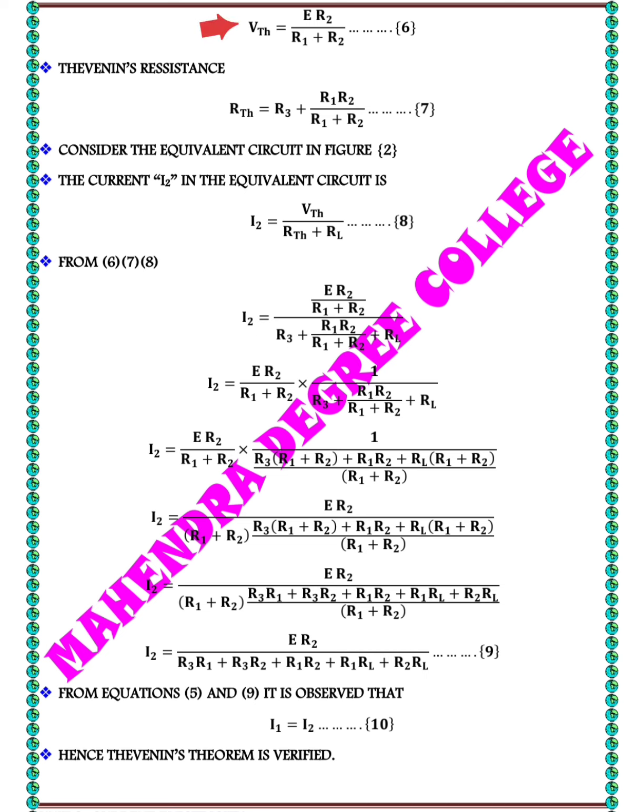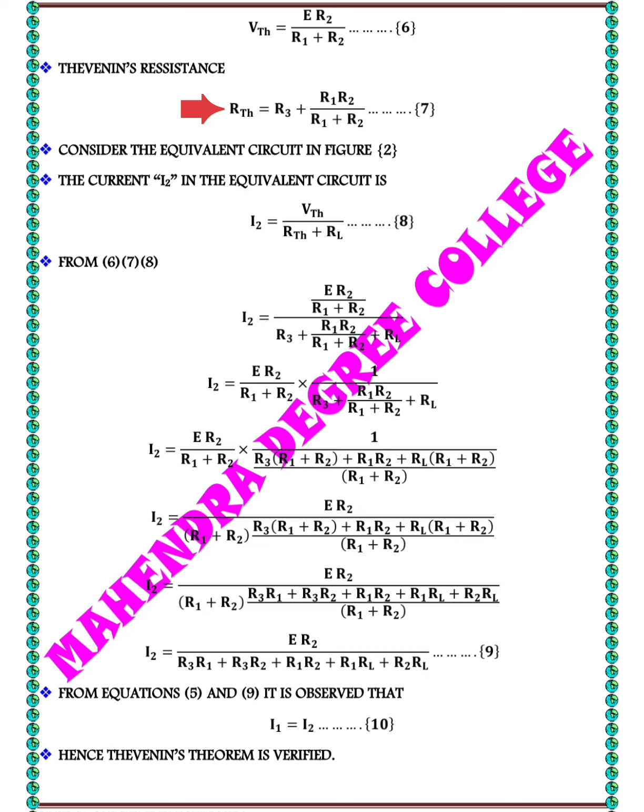We know equations 3 and 4. Again, we write Thevenin's voltage VTH equals ER2 by R1 plus R2. This is equation number 6. Next, Thevenin's resistance RTH equals R3 plus R1 R2 by R1 plus R2.